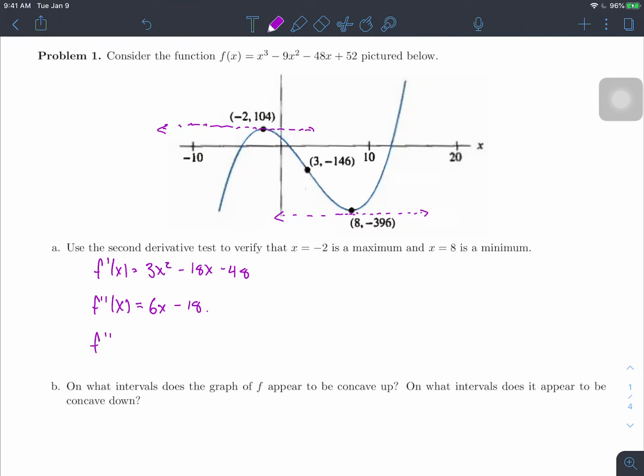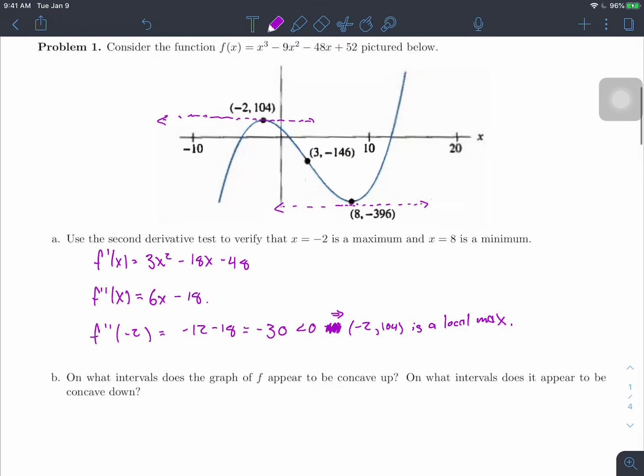So f double prime of negative 2 will be equal to negative 12 minus 18, equals negative 30, which is less than 0, which implies that the point negative 2, comma 104 is a local max.